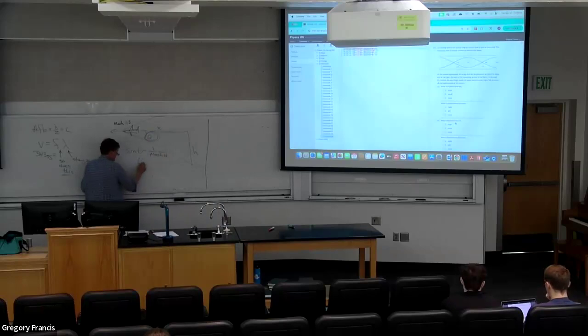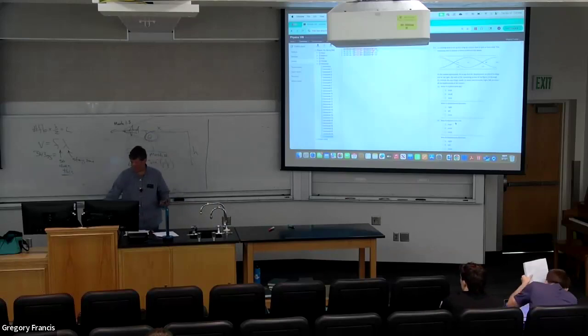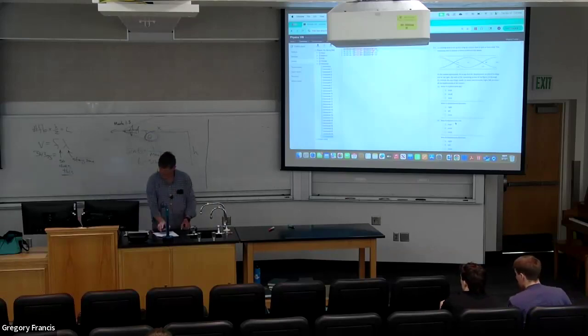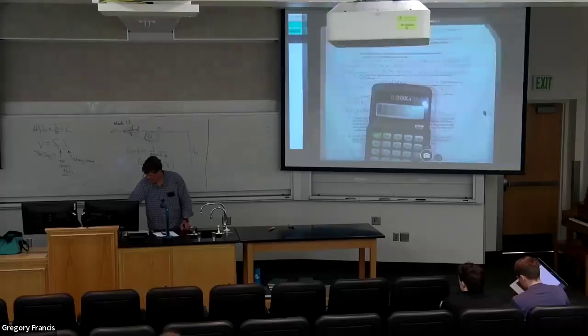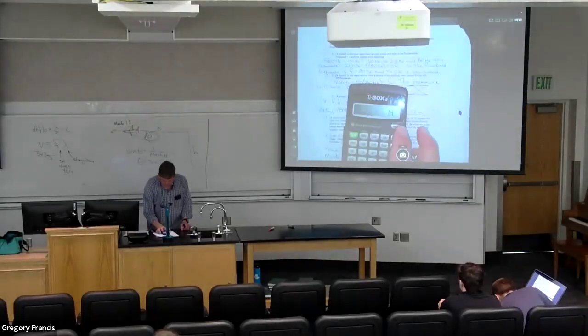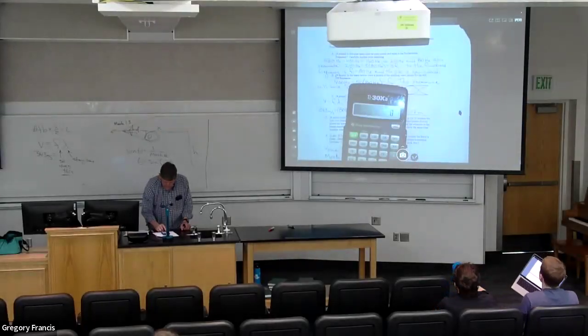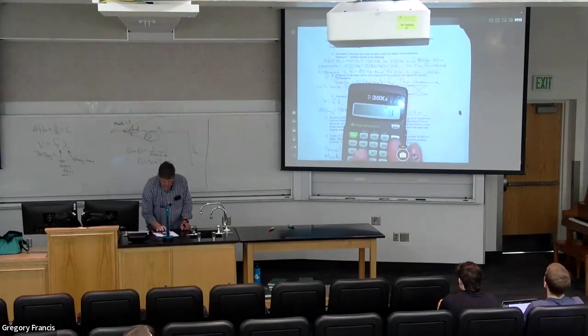So that angle is going to be the inverse sine of 1 over 1.3. So you take your calculator and you plug in 1.3, you hit 1 over, and then you hit inverse sine. 50 degrees.